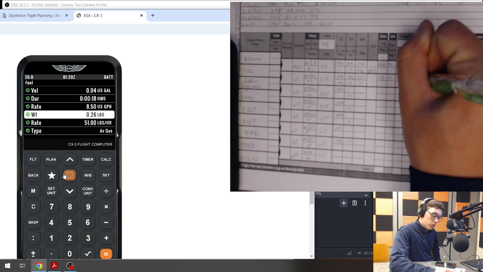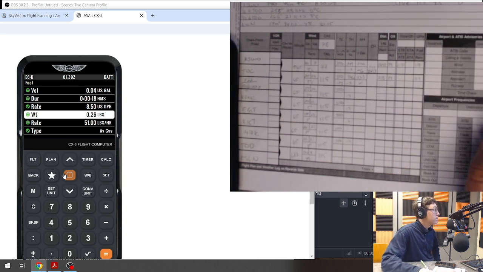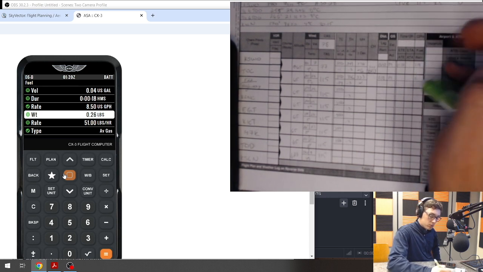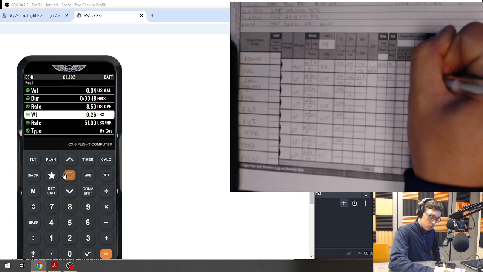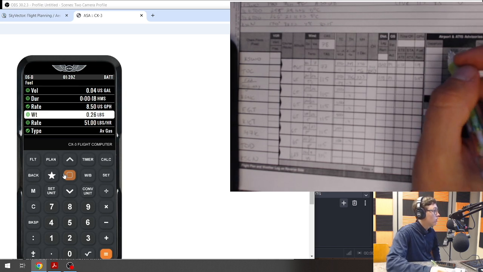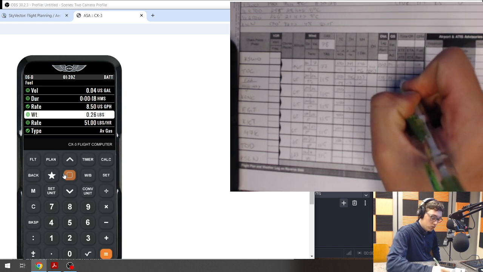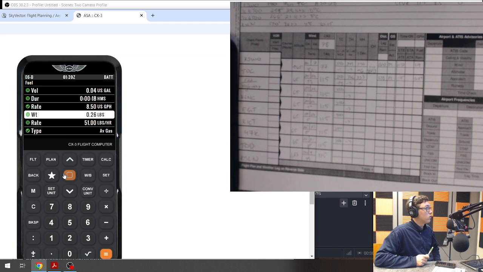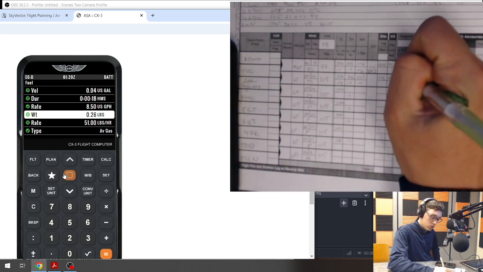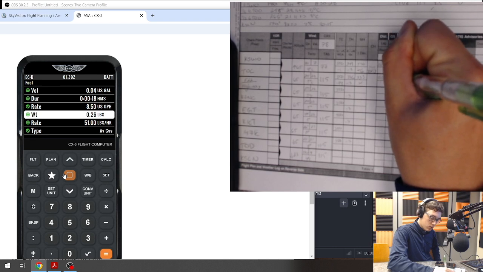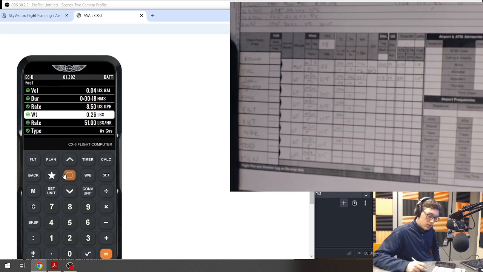So I'll be using 0.04, and it's just 15 seconds. Or we'll call it 20 seconds. Go that distance. All right, very nice.